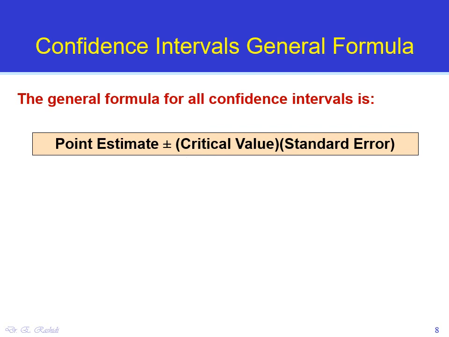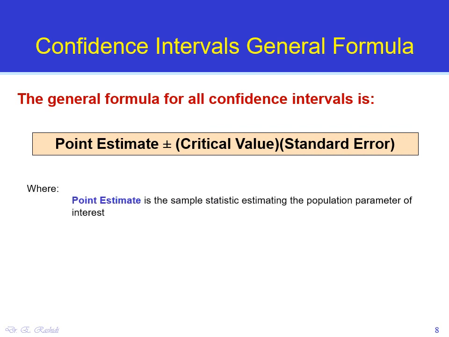A standard error is the standard deviation of the sample random variable. So point estimate is the sample statistic estimation and estimating the population parameter of interest.